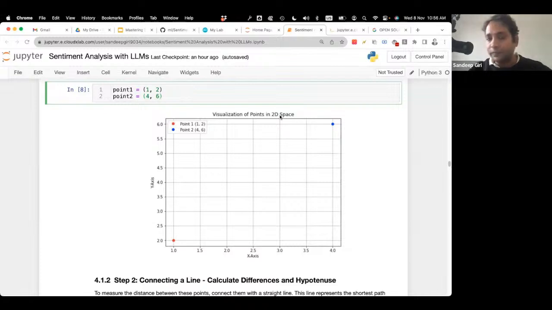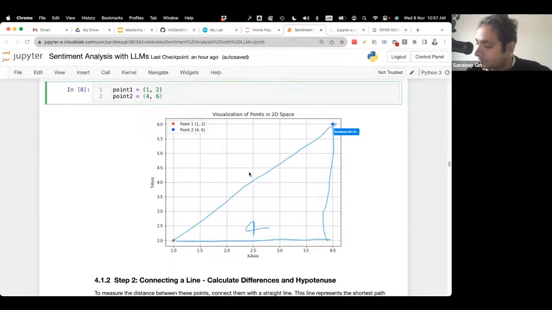All right. So the distance from here to here, how much is this distance, everyone? That's right. This distance is 4 minus 1, which is 3, and this distance is 6 minus 2, which is 4.